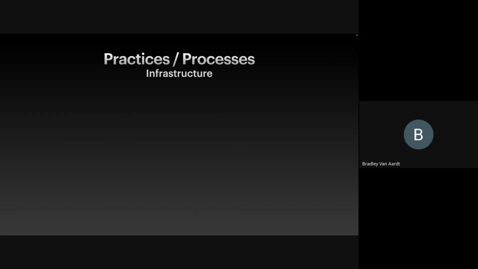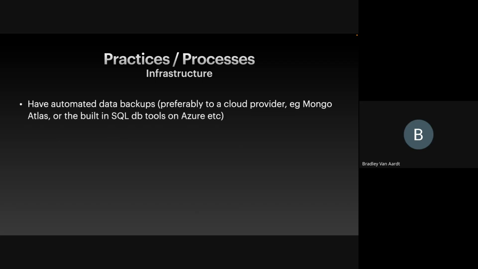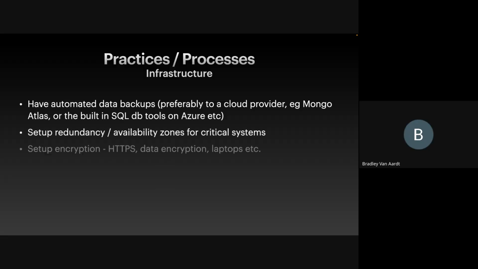Okay, cool. So when it comes to infrastructure, the thing to get going there is automated data backups. This is something that they do check, that you've got a backup plan and that the backups are in place. They're also going to check that you've got redundancy in other ways if you need it.